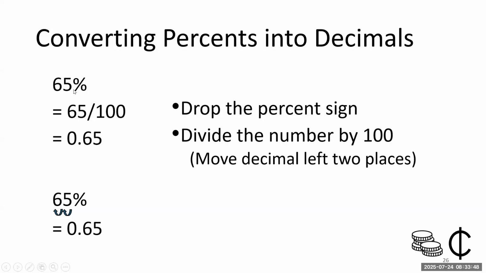Another way to write this could be 65.0. So if we want to change it to a decimal and drop that percent sign, all we have to do is move that decimal after the 5 two places to the left. That'll give us the same result, and it's a little bit faster.